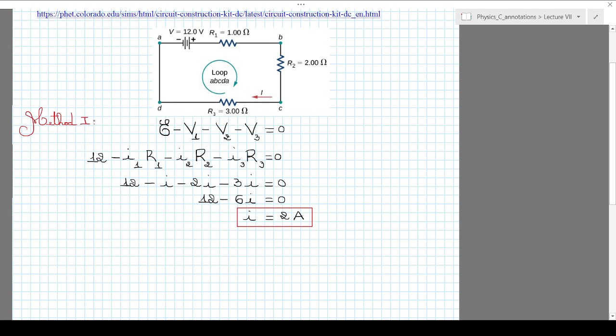So we have this unknown, we didn't know the current here, right? We have no idea about the current flowing through this circuit using Kirchhoff's second law, the loop rule.